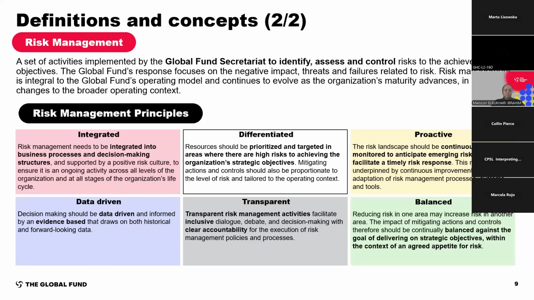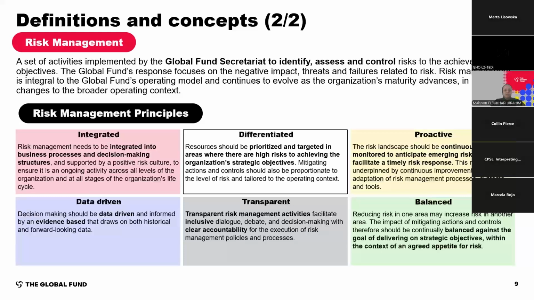When those decisions are taken, we need to be transparent in communicating those trade-offs. And it's also important to be proactive in risk management. So you plan at the start of the grant cycle, and then as soon as the early signals start to appear, you start looking at the root causes and then design mitigating actions.